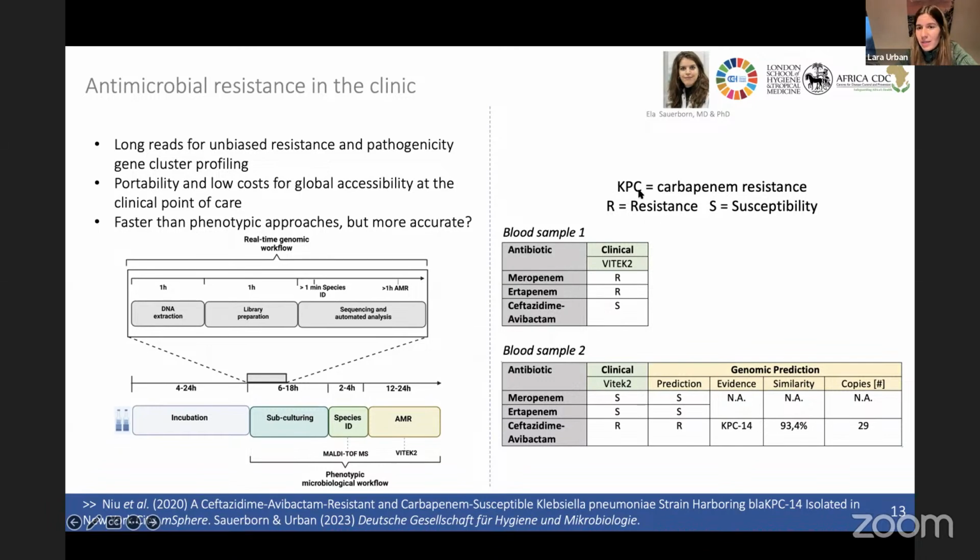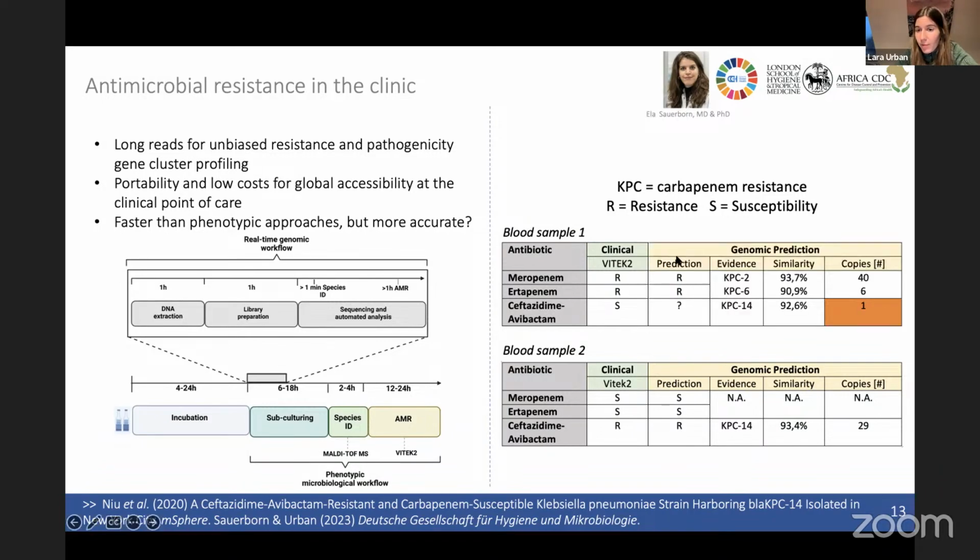I've just told you that KPC resistance genes are conferring resistance to carbapenems, but KPC14 was actually one of the novel ones, the few KPC genes that have been found that actually confer resistance to ceftazidime avibactam and susceptibility to carbapenems. So here both our approaches basically agreed in the prediction.